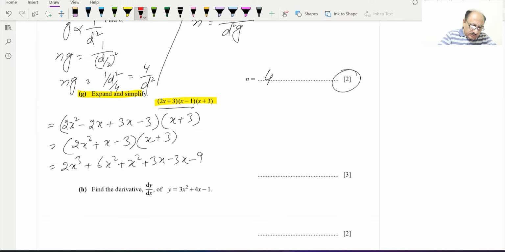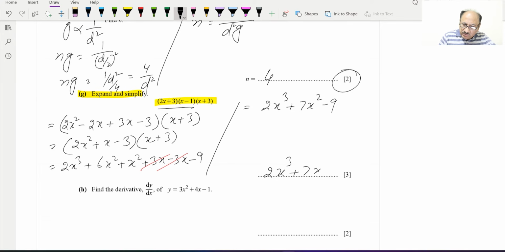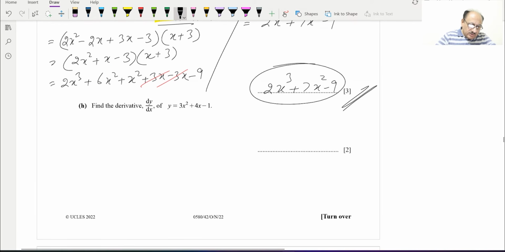After that we can cancel whatever is possible, so these two cancel, and adding the like terms, this will be 2x cubed plus 6 plus 1, 7x squared, minus 9. This will be our final answer. Further simplification is not possible. This is a 3 mark question which is done. Now they are saying find the derivative dy by dx of this one.